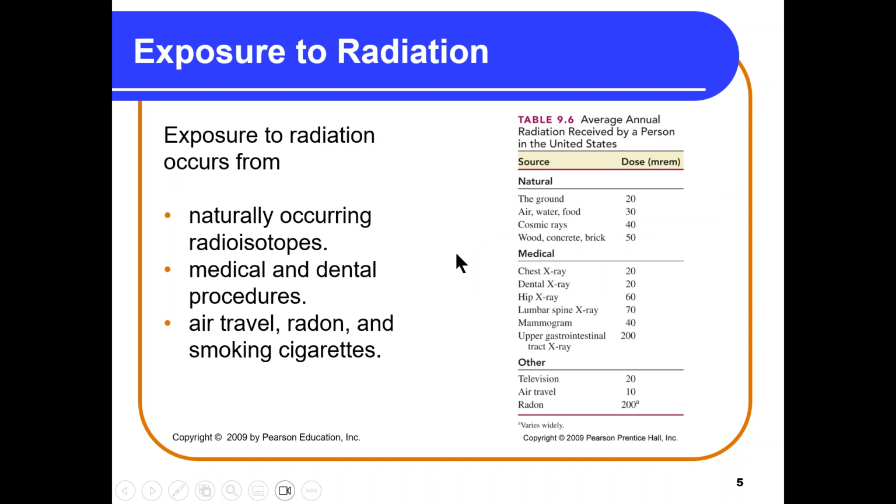Believe it or not, we're all exposed to radiation every day. It depends on where we are on Earth, but you can't avoid it, right? As stated here, exposure to radiation can come from naturally occurring radioisotopes, or from medical or dental procedures like x-rays, and then air travel.